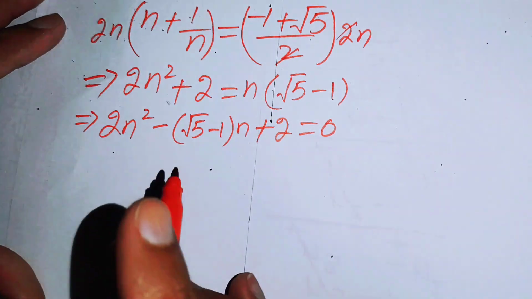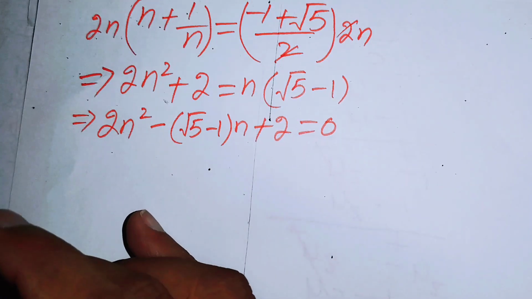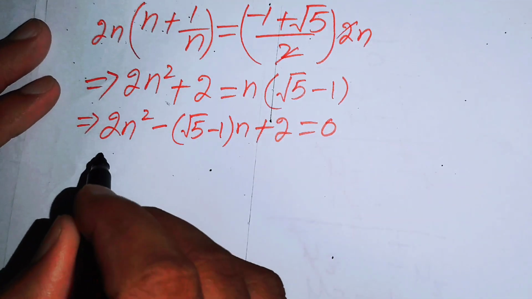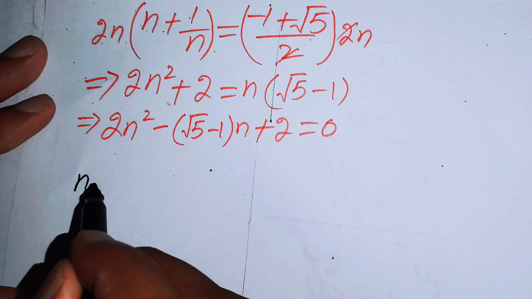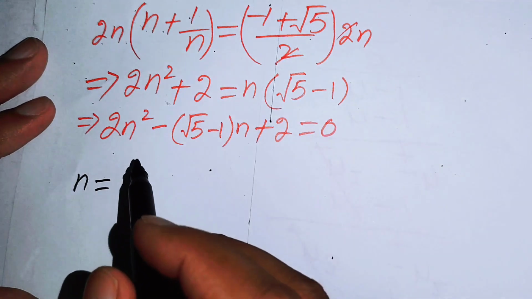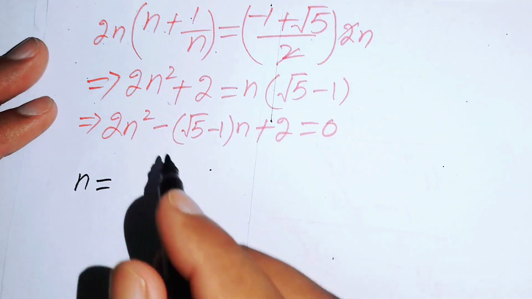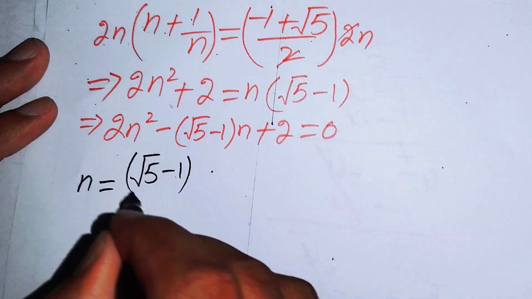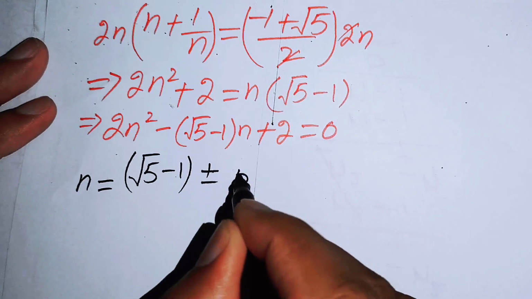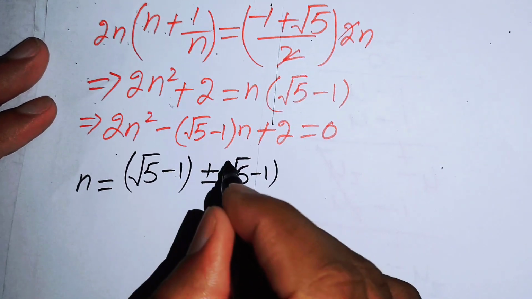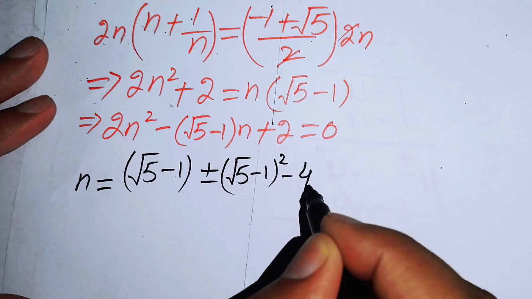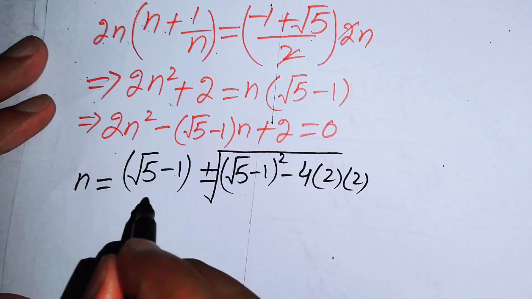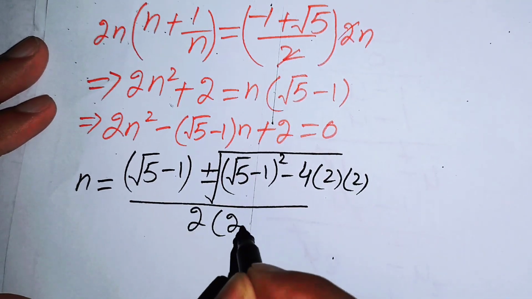Here we again apply the quadratic formula, and you can get the roots of this equation. So here you apply the quadratic formula, which I wrote above in this question, and now I can apply directly this formula here. So you obtain minus b, which is square root of 5 minus 1, plus minus square root of square root of 5 minus 1 whole squared minus 4 times a is 2 and c is 2, and its square root, over 2 times 2.